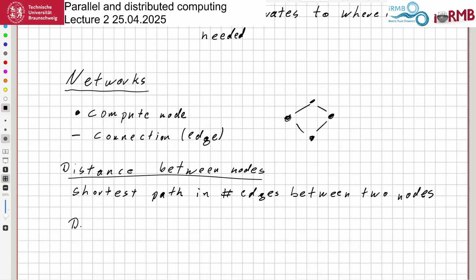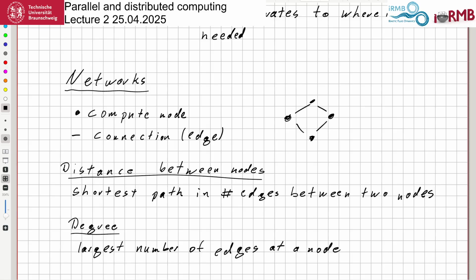Then we have the degree. The degree is the largest number of edges at a node. We say largest number because in a network not all nodes need to have the same number of edges attached to them. Yeah, so we look at the one that is largest.